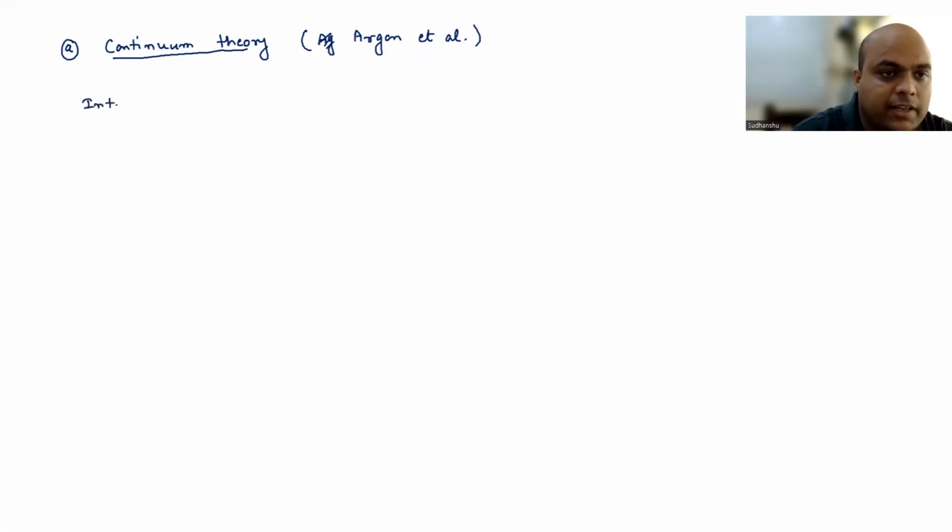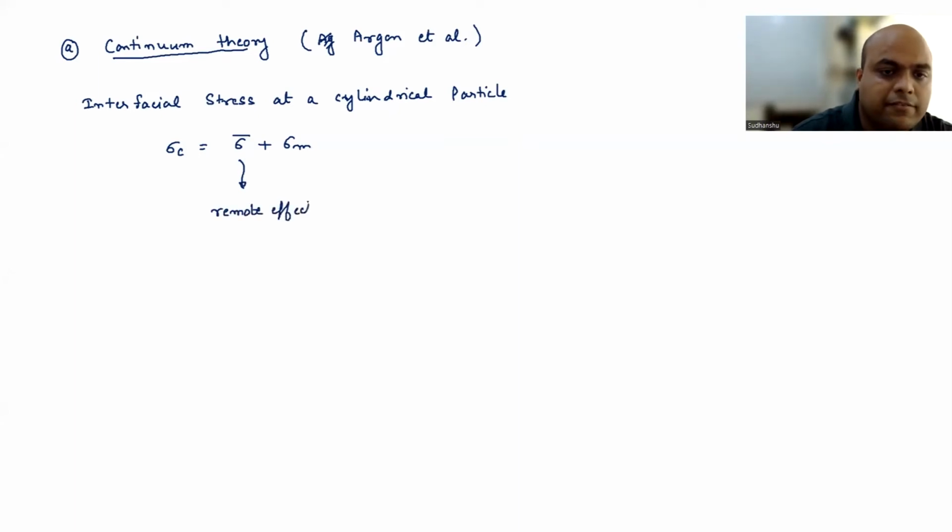So the interfacial strength at a cylindrical particle will be given as sigma C equals sigma bar plus sigma M, where sigma bar is the remote effective von Mises stress, and sigma M is the remote hydrostatic stress.